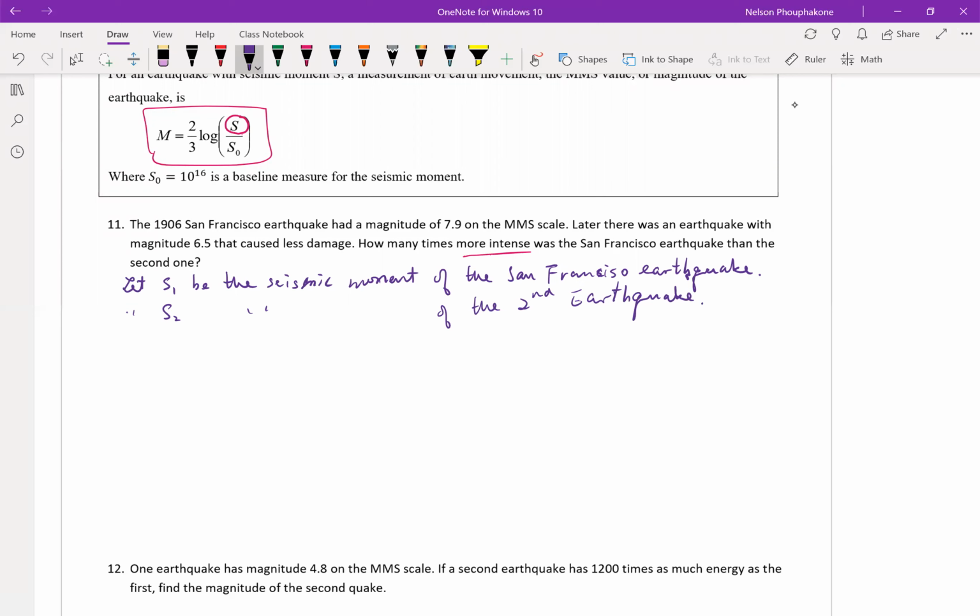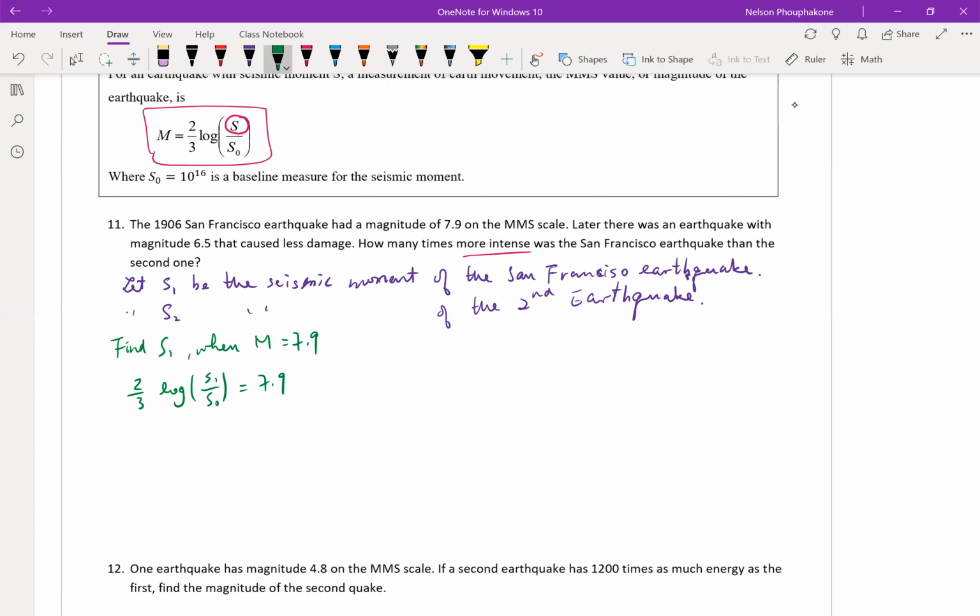Okay, and now how do we find S of 1? What we need to do is we are going to use this formula. So we could set up 7.9 is, oh, maybe let me do it the other way around. So 2 over 3 log of S of 1 over S naught is equal to 7.9.